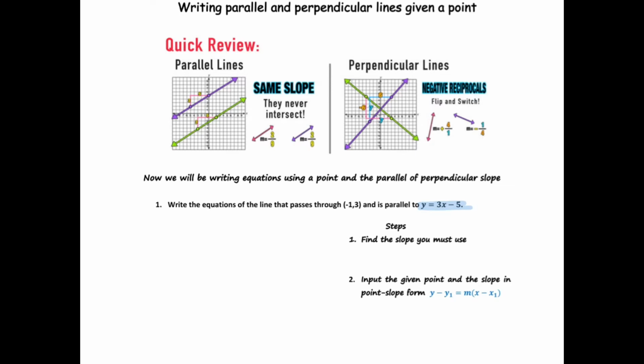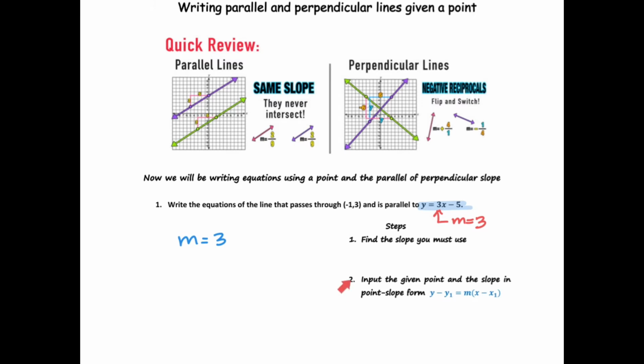And since my equation is in the form y equals mx plus b, I know immediately that the slope of this line is 3. And since we know that parallel lines have the same slope, the slope that I'm going to use will be 3, because it has to be the same to be parallel.